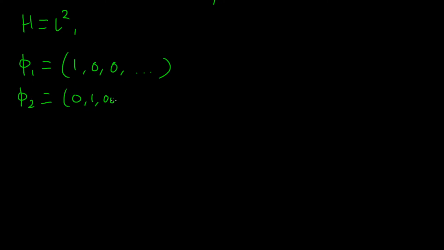So if we let our Hilbert space be little l2, and we say phi_1 is equal to 1, 0, 0, and so on, phi_2 is 0, 1, 0, 0, and so on.